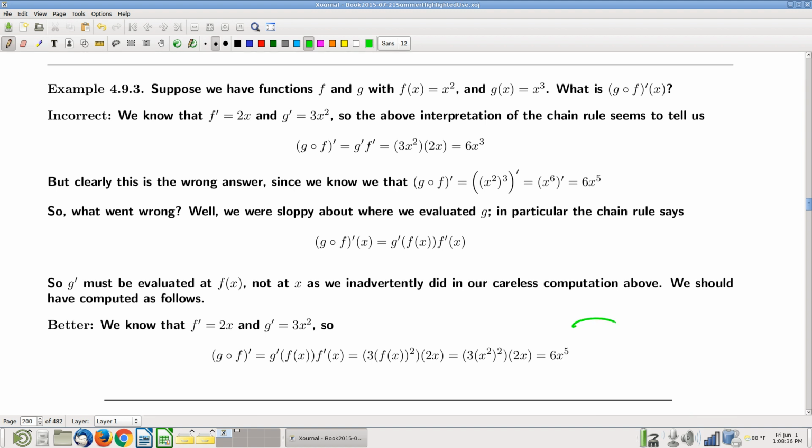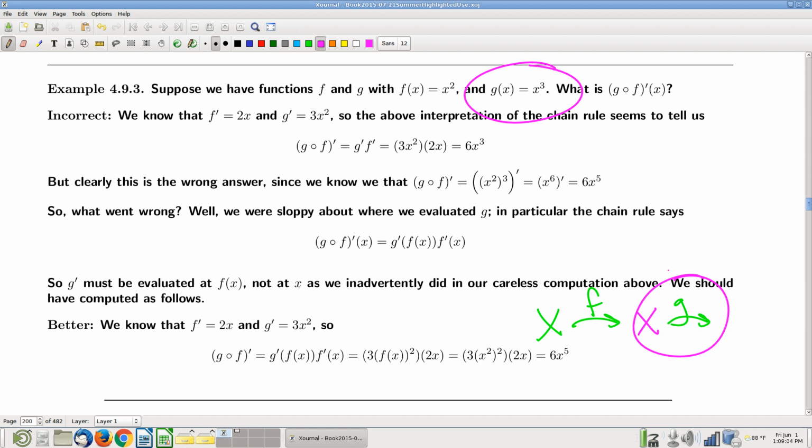Well, I've got these two functions. I've got f, and then I've got g. And what names am I giving to the input variables and output variables? Well, f takes x as its input variable. I don't have a name for its output variable. But the name that I'm using as the input variable for g is also x.